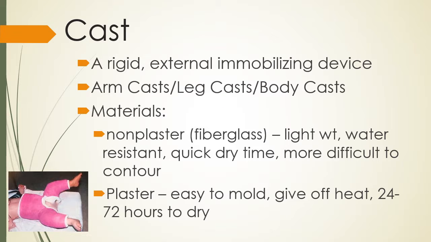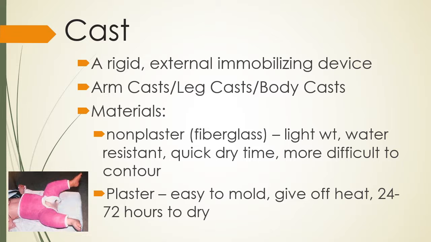What are we going to do once we either do internal or external fixation? Typically, once we have opened or closed reduction, followed by internal or external fixation. Just to say that again, when a patient has a fracture, the first thing we need to do is reduce that fracture.